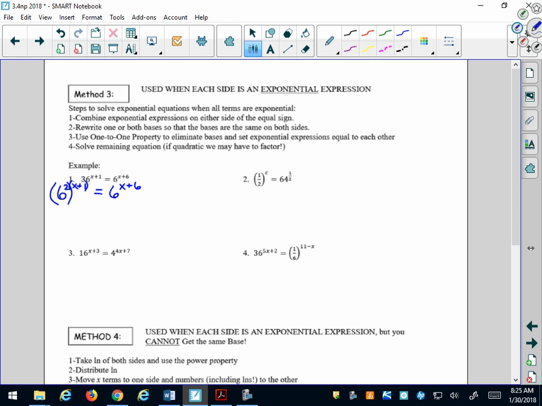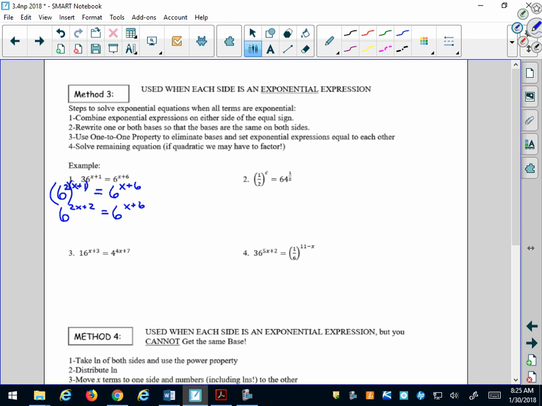What you have to remember is that exponent x plus 1 is in parentheses. You have to think of it as a whole unit. So now, when you have a power of a power, we multiply those out. This ends up 6 to the 2x plus 2 equals 6 to the x plus 6.